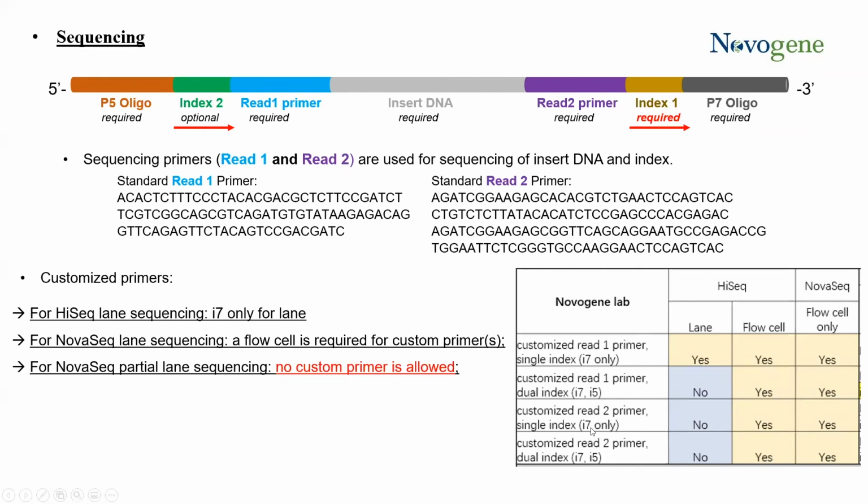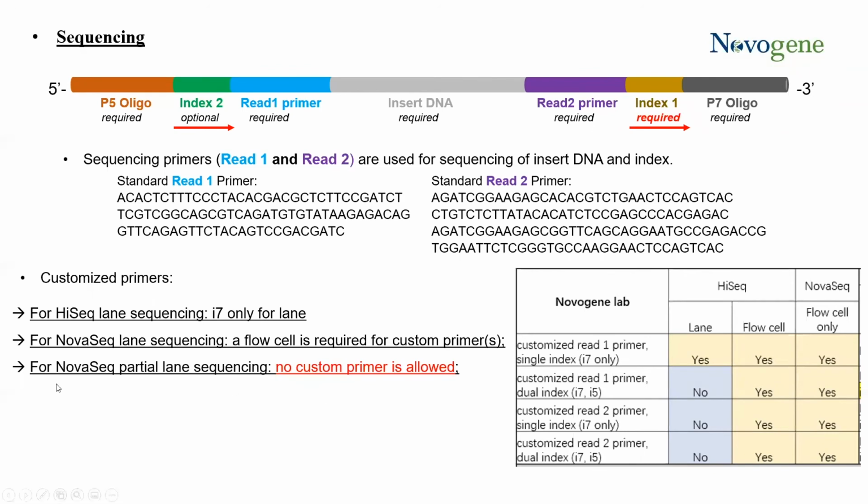We can do pretty much any other arrangements, given some more validation by our backend teams, on the S4, but that is also, once again, by flow cell, because of the same reason that was alluded to earlier with the I5 index or the I5 orientation on the HiSeq. So this is just a general idea of what custom primers we're able to accept and any accommodations that we can make.